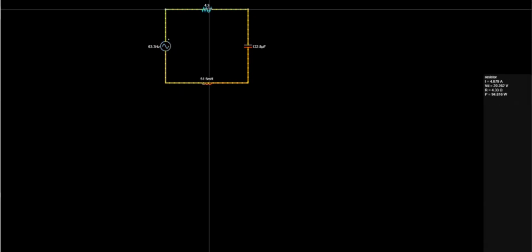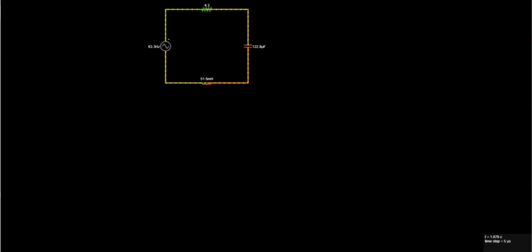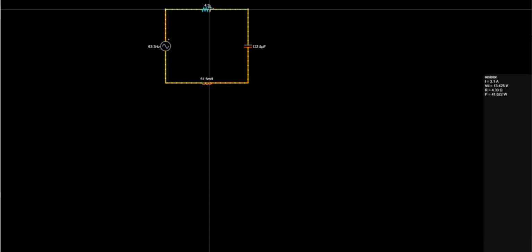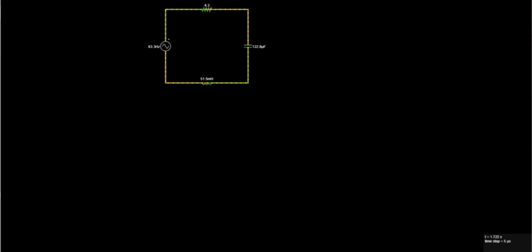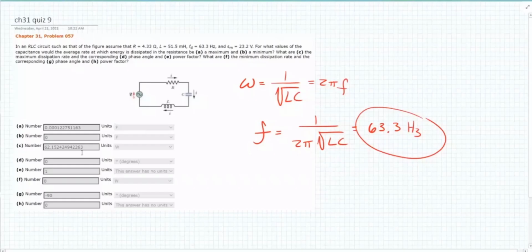So let's do this. Right click on the resistor in Falstad. Math and physics says 62 watts of heat gets cranked out.